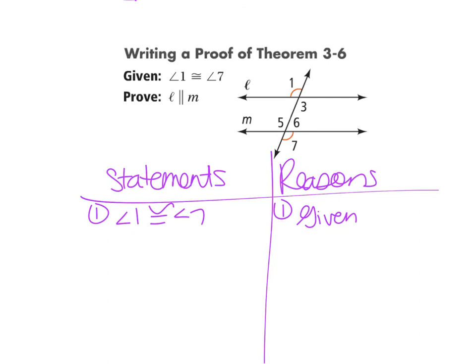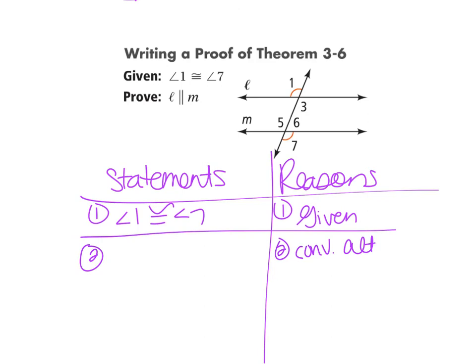They're alternate exterior angles, so this is going to be a real short proof. The second one is, we're done, because if 1 and 7 are congruent, then the converse of the alternate exterior angles theorem tells us that L must be parallel to M.